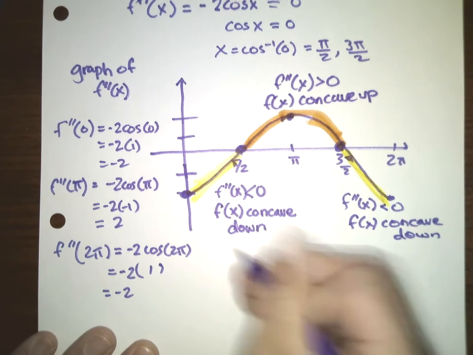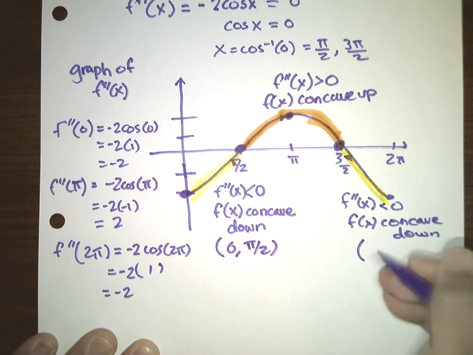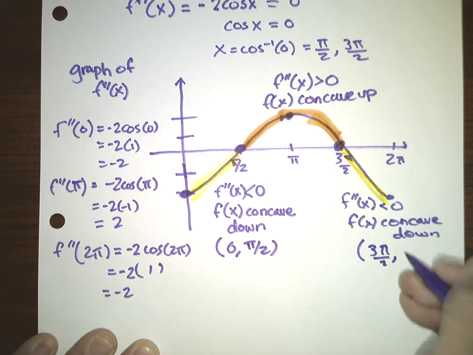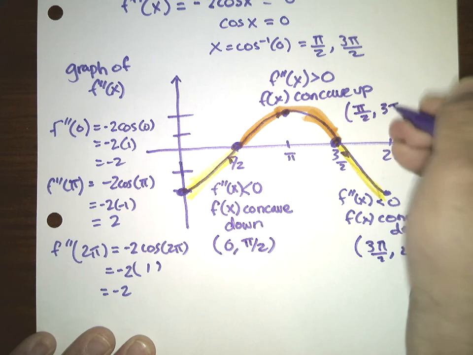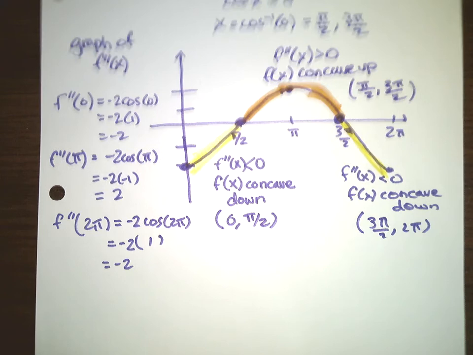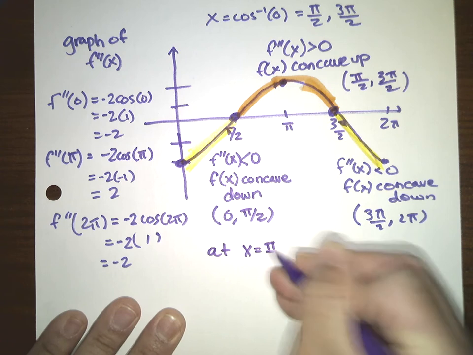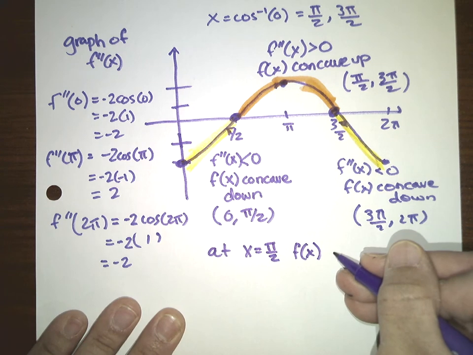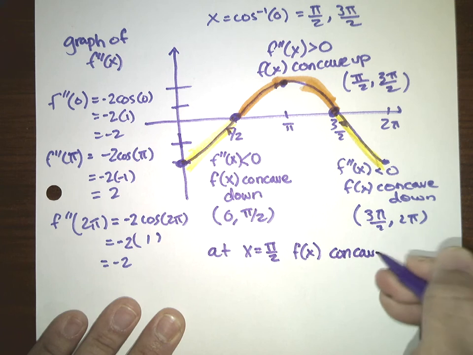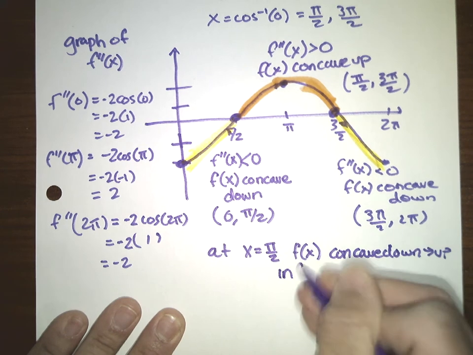So this is on the interval from 0 to pi over 2, this is on the interval from 3 pi over 2 to 2 pi, and this is on the interval from pi over 2 to 3 pi over 2. So then at x equals pi over 2, f of x is going from concave down to up, so that means there's an inflection point.